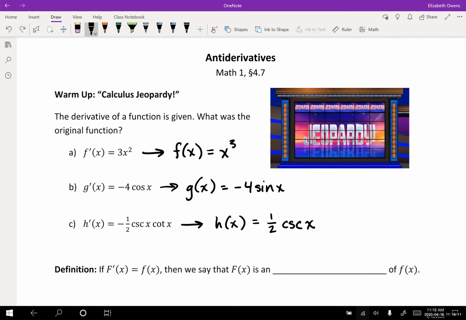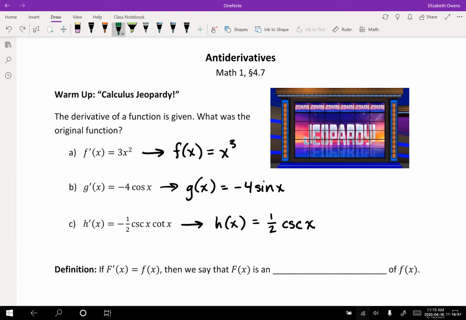All right, so you're getting used to thinking about things backwards, going back from a derivative to the original function, or taking a step back. Now, there is one little extra detail that we could put on these. For instance, notice how in part A, Natalie had our answer, f of x equals x cubed.